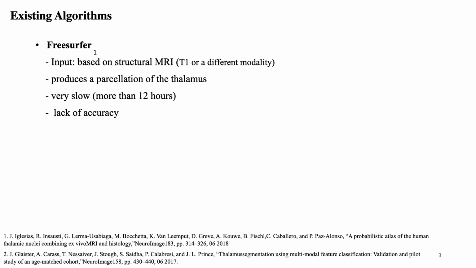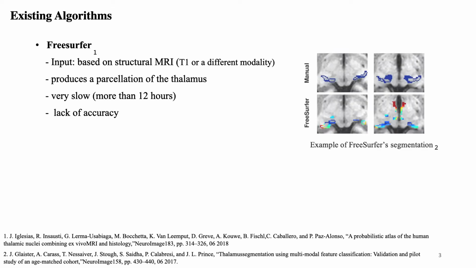However, FreeSurfer is very slow and lacks accuracy. Here's an image showing the prediction from FreeSurfer. Compared with the manual delineation, we can see it's pretty off. Furthermore, FreeSurfer only uses structural MRI, and it doesn't use any other images such as diffusion tensor imaging.